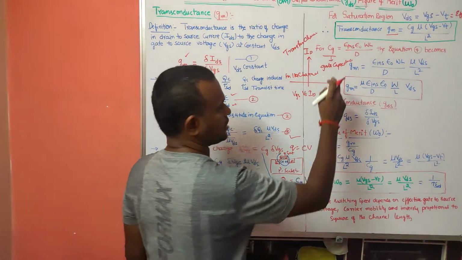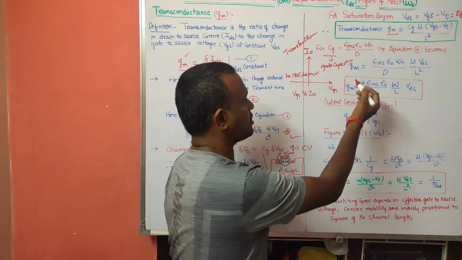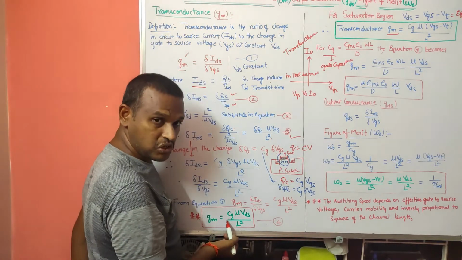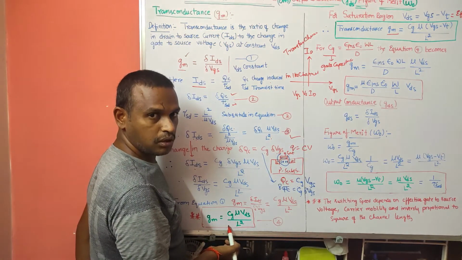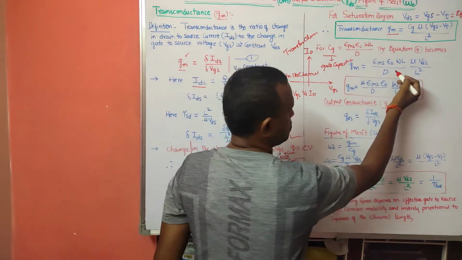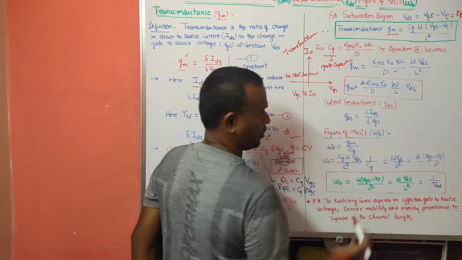If I substitute the gate capacitance equation, we will get GM equal to, in place of CG, epsilon insulator epsilon naught WL by D, and we already have mu VDS by L square.